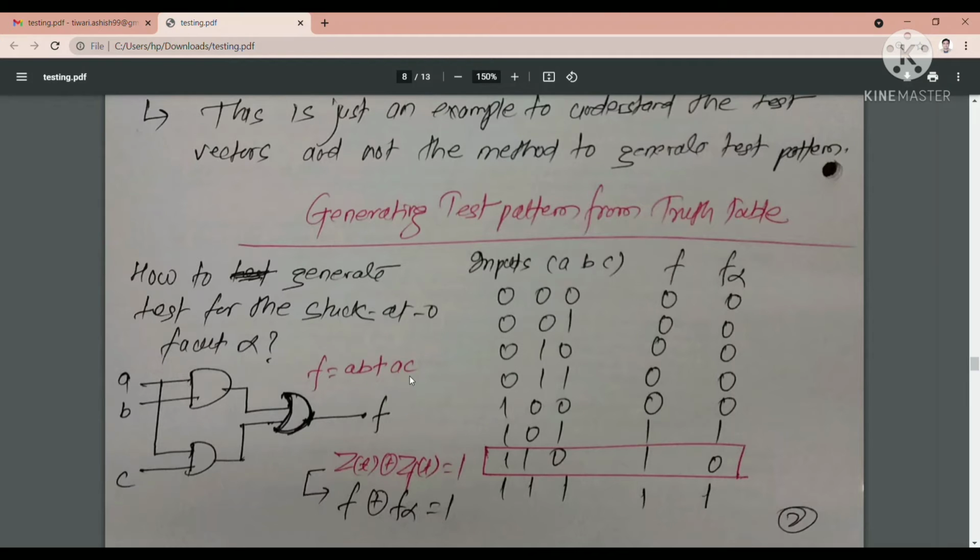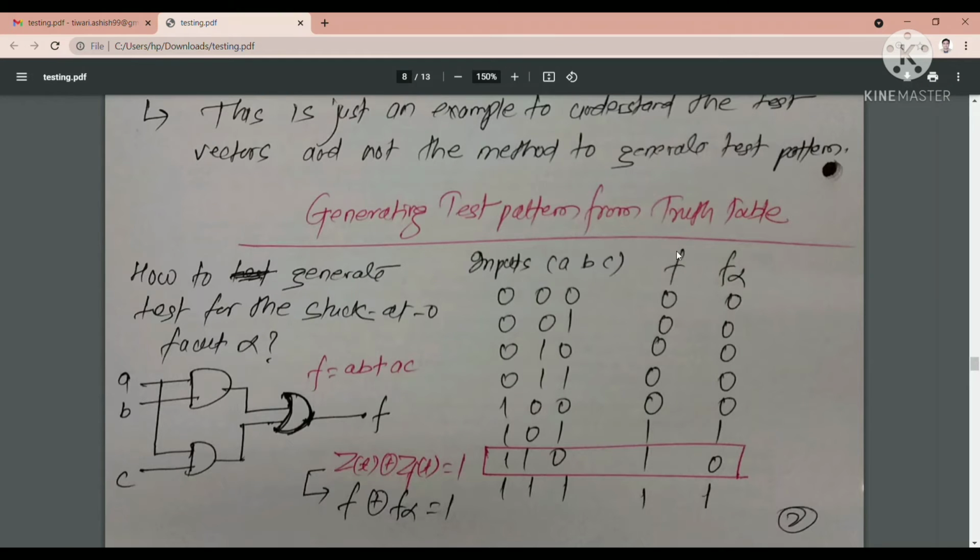Accordingly you can generate the output F. If I apply 0 to A, 0 to B, and 0 to C, you will get 0. Similarly, by applying different inputs, you will get these fault-free outputs.